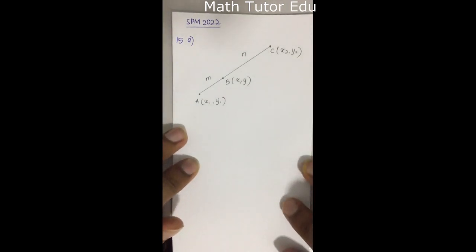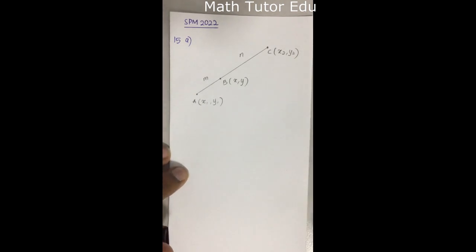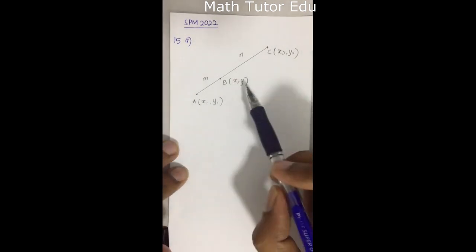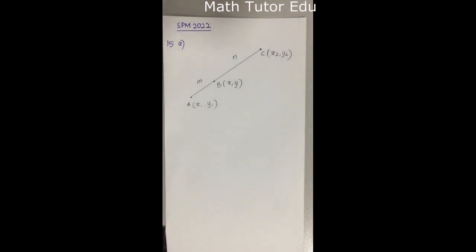Now we're going to focus on the y coordinate only, guys, since in the question they only ask us to show the expression in terms of y, for the line segment part.